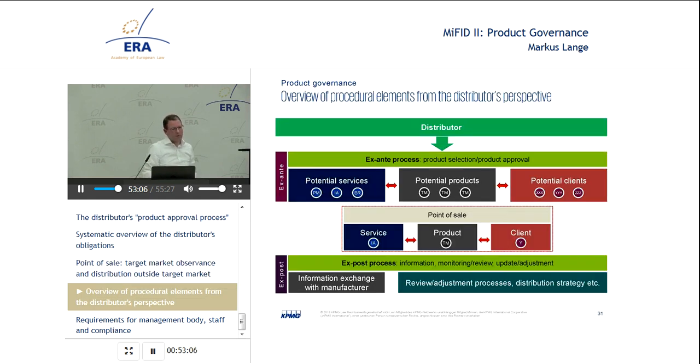If you then look at the processes which you need to have in an investment firm, the necessary processes, as far as I'm convinced, are the ex-ante process with the product pre-selection, which is more of an overview and approach exercise, and then the ex-post processes where you have, of course, the information exchange and review and adjustment processes.